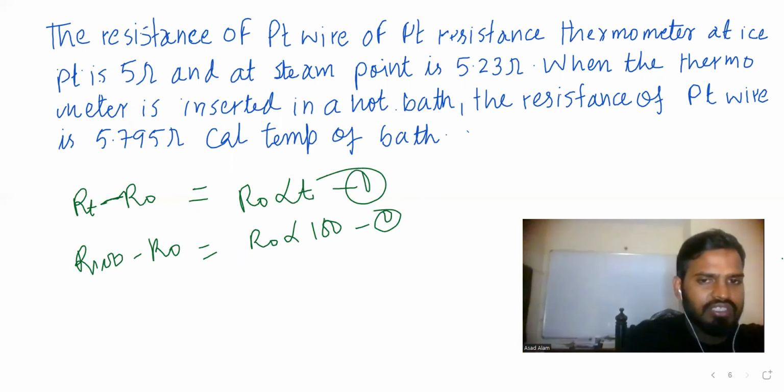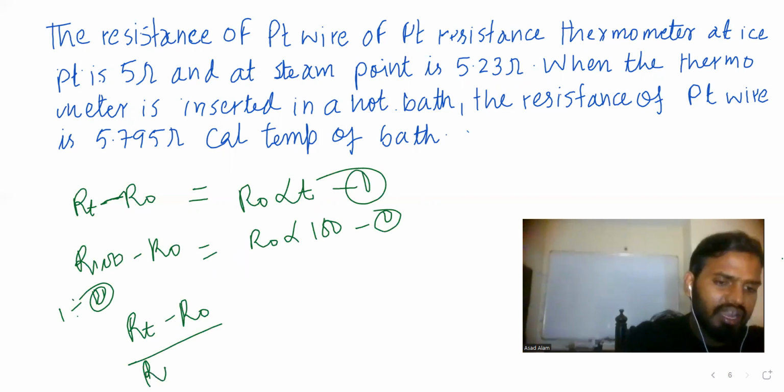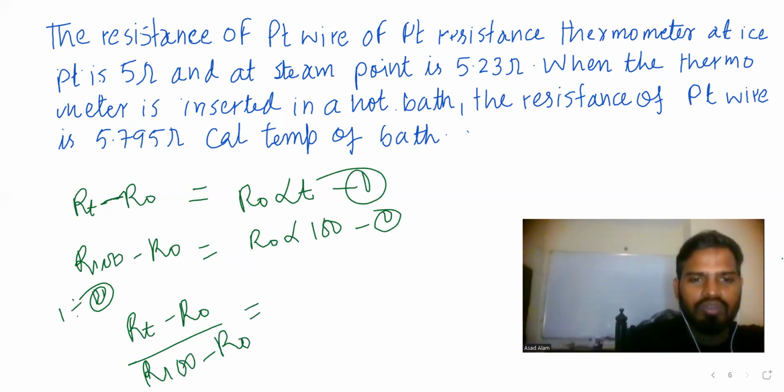Let's divide the first by the second, 1 divided by 2. So RT minus R naught divided by R100 minus R naught is equal to alpha T divided by alpha into 100. These values will get cancelled out. So T by 100, right?